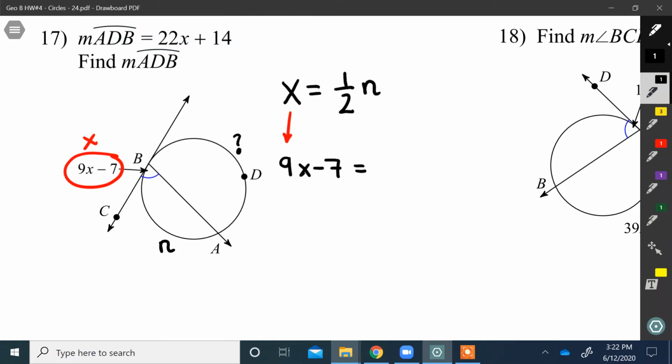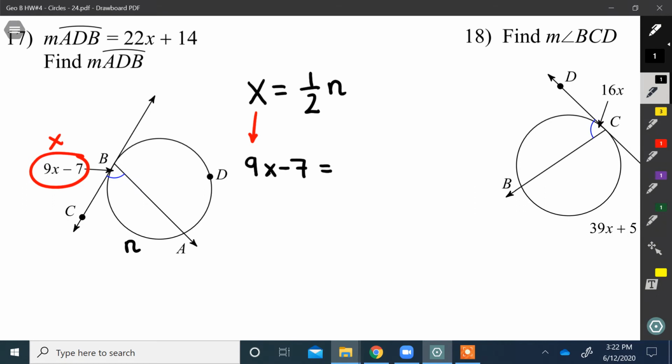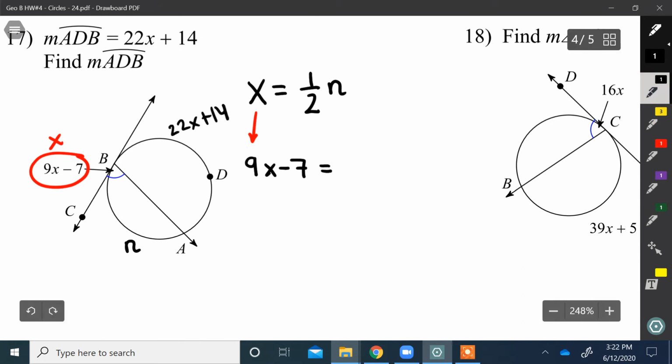The measurement of ADB right here is 22x plus 14. Okay, this is where it's gonna get extra difficult. You're probably gonna be like, what the heck did this guy just do?